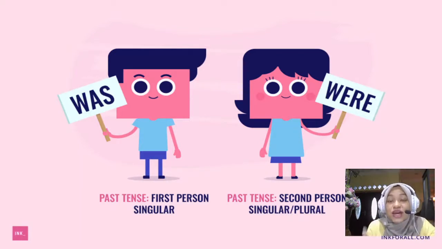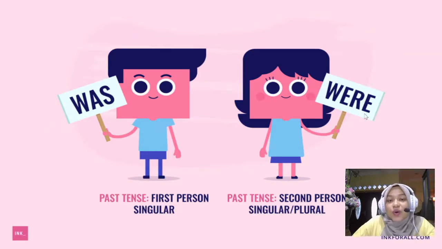So we use was for one person, for singular. But we use were for plural nouns, meaning more than one person. More than one, we call them plural. So if more than one person, more than one thing, we use were.